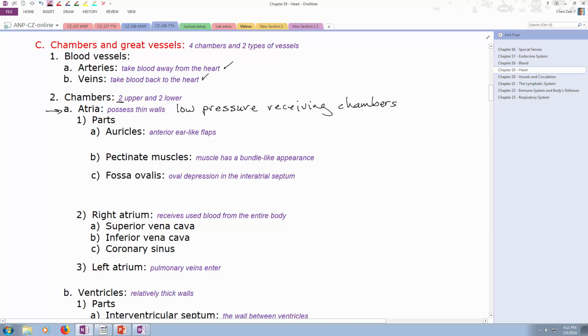When we take a look at them, what everybody notices, because it's hard to actually see the atrial walls, is the auricles. They are like the auricles of our own ears, or pinna, ear-like flaps that are found with both atria. So the parts that we see here, that we're listing, are associated with both atria.